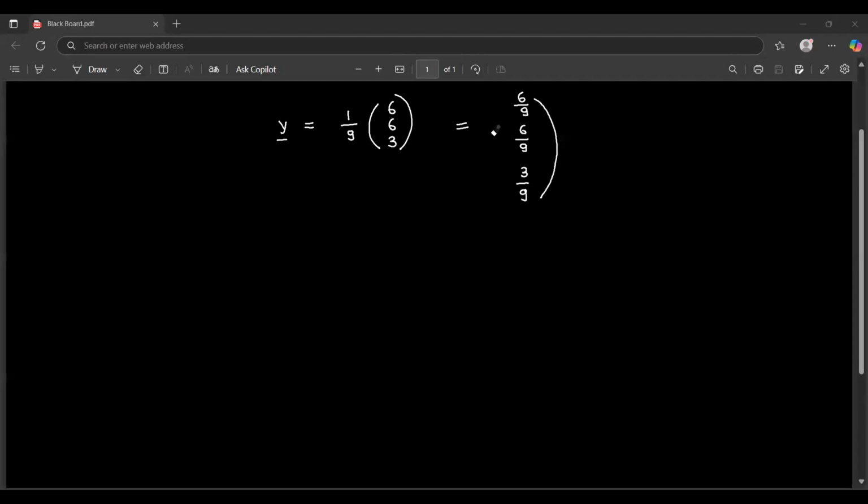This can be given as 2 over 3, 2 over 3, and 1 over 3. Now let's check the modulus of y.